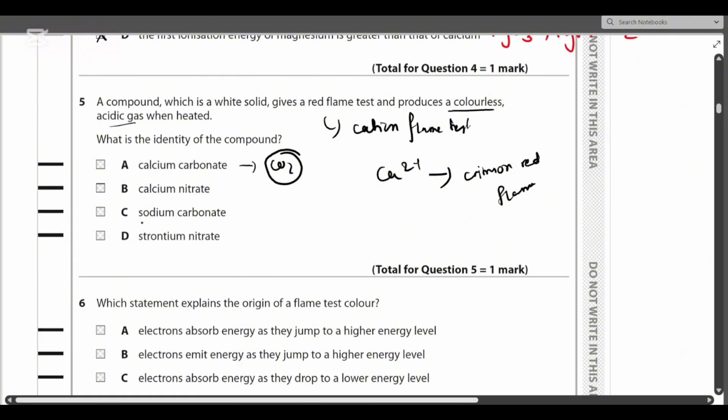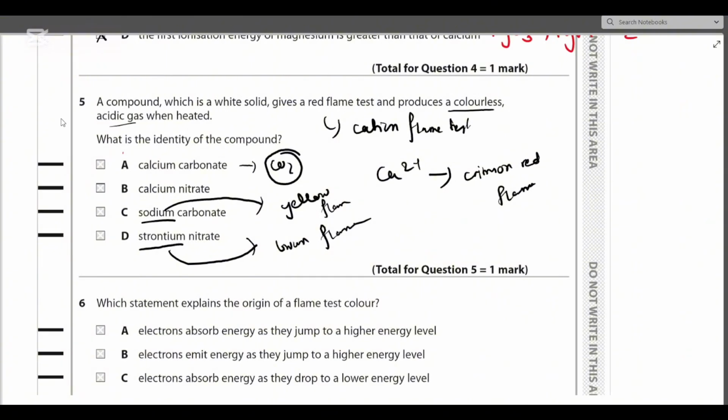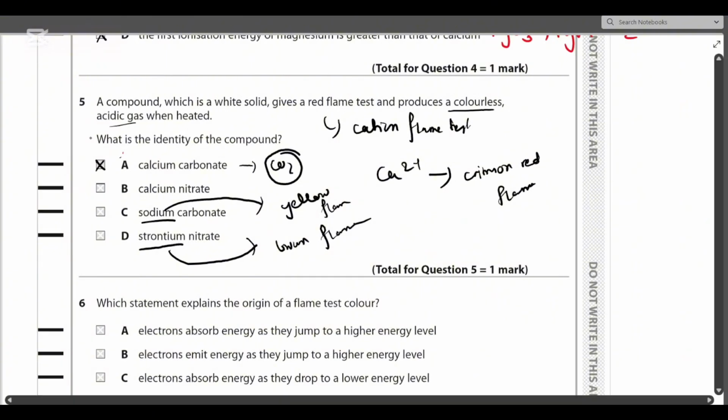For C and D, sodium and strontium: sodium provides a yellow flame, while strontium provides a different flame color. So the only options here are A and B. When we heat a carbonate, we get carbon dioxide, which is a colorless acidic gas. So we can easily say that the answer is A.